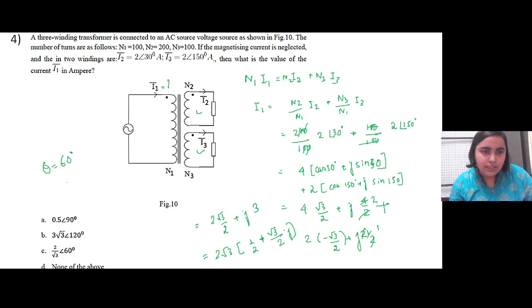So basically if I write I1, the magnitude is 2 root 3, angle is 60 degrees, which is none of these, so it is option D, none of the above.